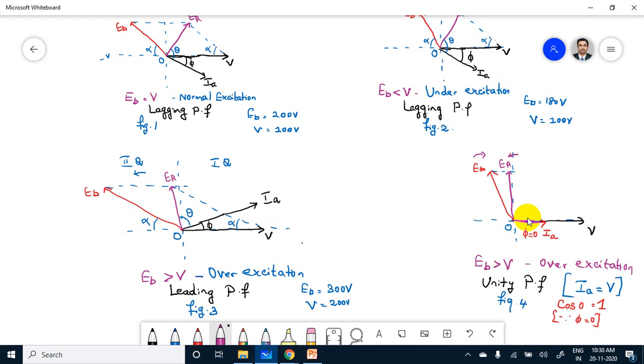Anyway, it should come in the second quadrant. Then join ER and V. The angle between V and ER will be alpha. This one will also be alpha. The angle between ER and IA will be theta. Any doubts?